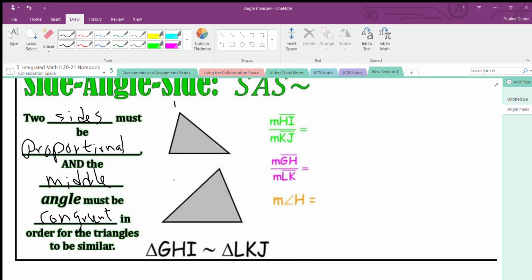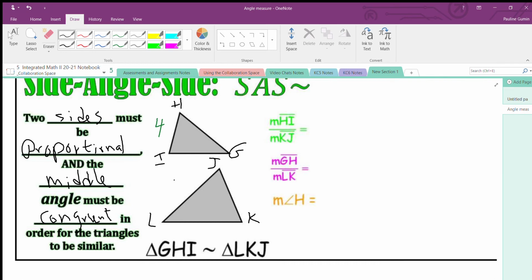Here's my triangle HIG and JKL. All right, let's see. HI, let's make it 4. Let's make KJ. What do I feel like making KJ? Oh, I need to write a J. I wrote 2 Ks.